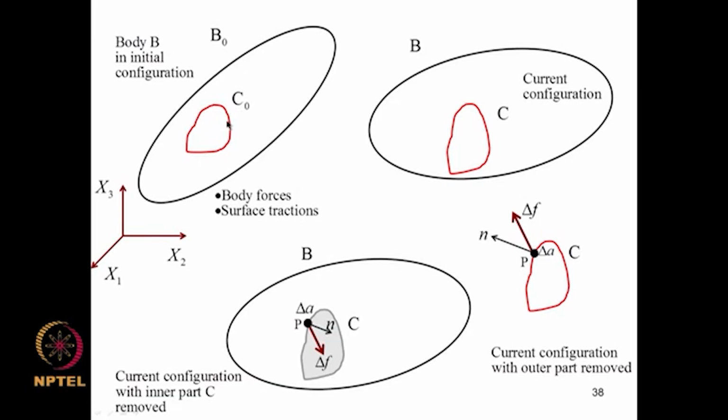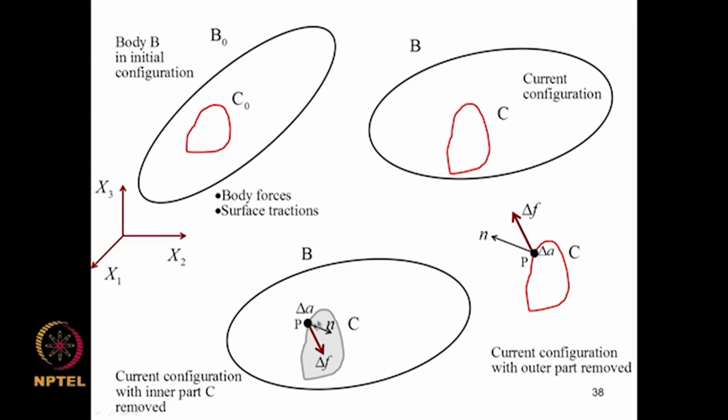To characterize that, we consider the body in the current configuration, that is after the application of these body forces and surface tractions, the body has deformed and an internal force system has been developed. So, I consider an imaginary region C and cut this out from this configuration. This picture represents the current configuration with the inner part of C removed, and this figure represents the current configuration with the outer part removed.